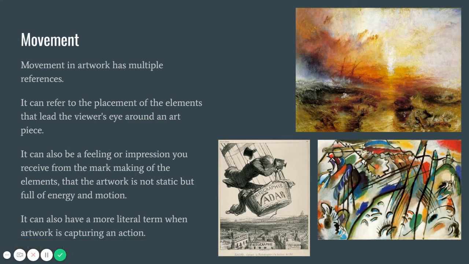By the direction of the hot air balloon and the direction of the photographer and the flow of this cloth that's falling out and the uplift of his hat, all of those compositional arrangements are giving the impression that this is something in action, that this is capturing movement.